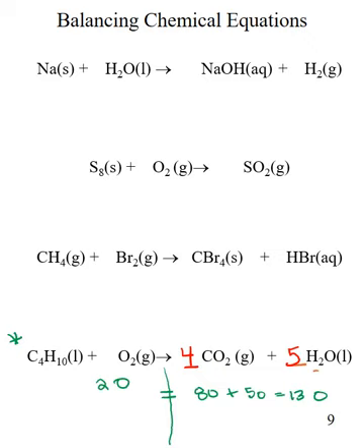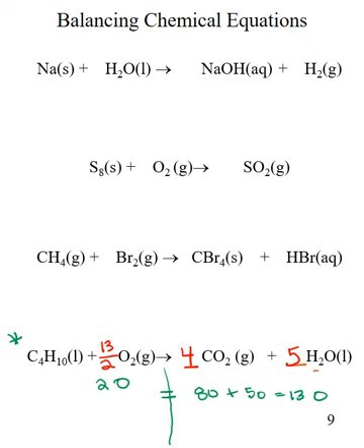Okay, so I'm going to cheat. I'm going to use a fraction, but that's not my final answer. So 13 divided by 2 times 2 will give me 13. Now, because I cannot have fractions in there, I must multiply in order to get rid of that fraction.